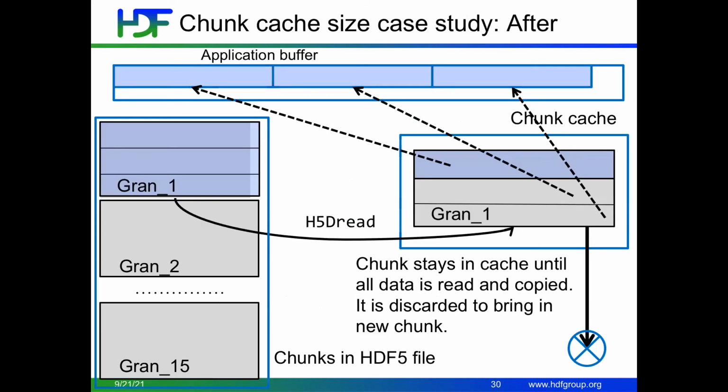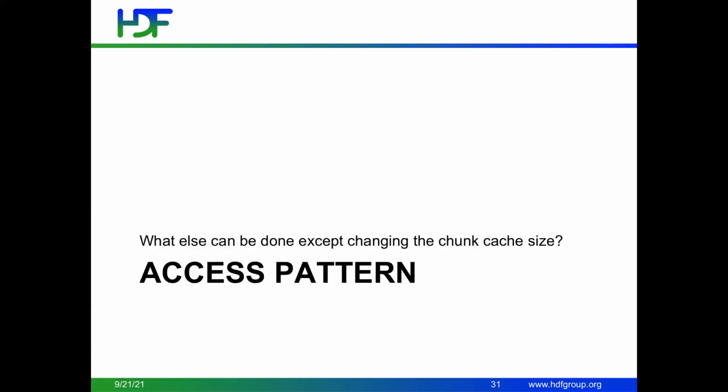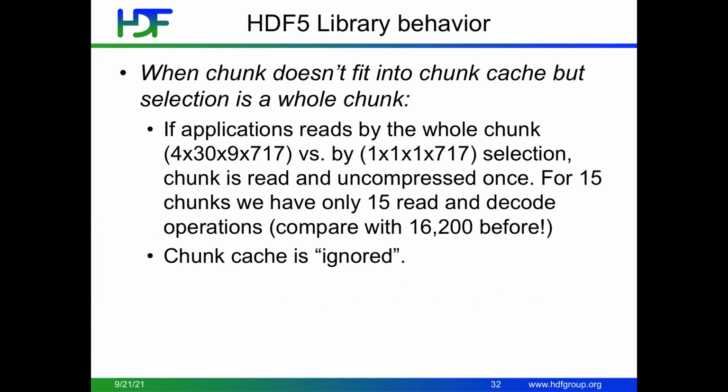So this is exactly the picture after we increase the cache size and everything is in the cache, and we read all rows from each chunk without going to the disk. So sometimes it's easy to just, as we saw, change the access pattern. We just read the whole chunk, right?